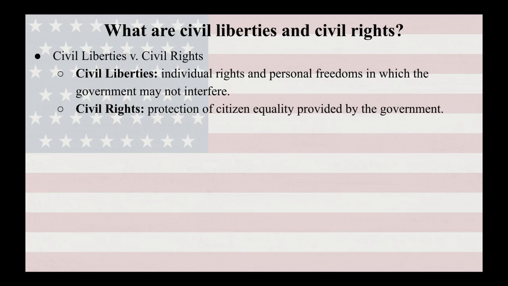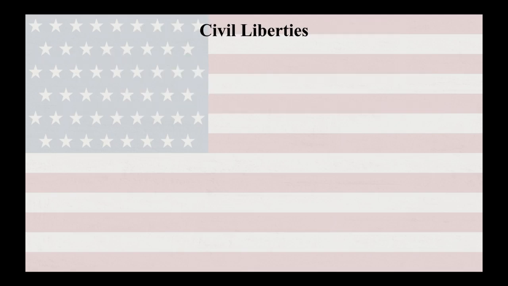So your civil liberties are things that the government cannot infringe upon, and your civil rights are things that the government essentially gives you to ensure your protection and your equality. So we're going to look at civil liberties to begin with.